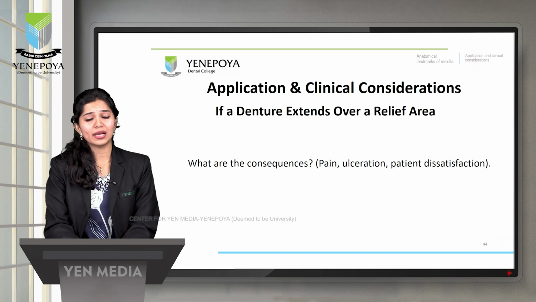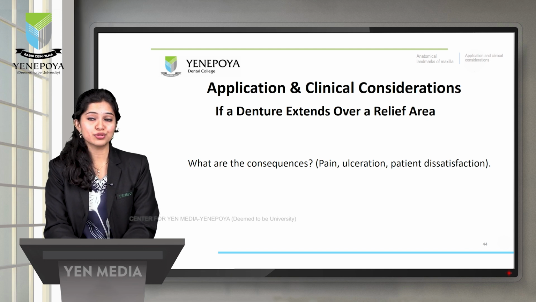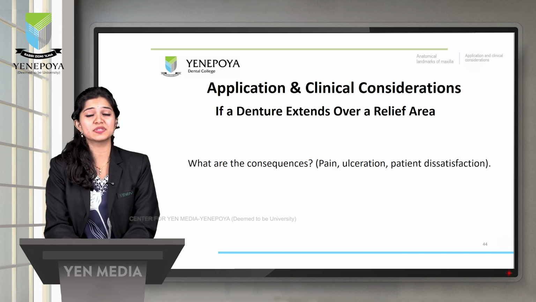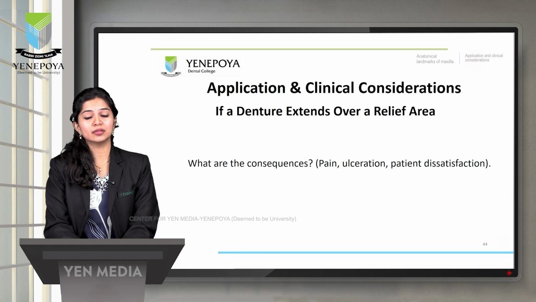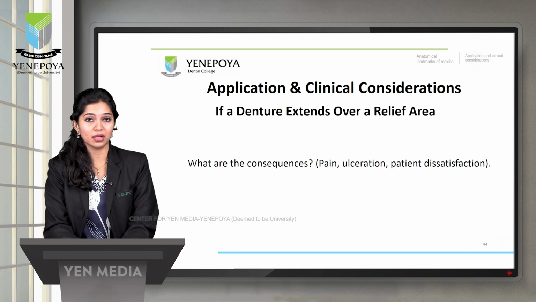Overall, I can say that they are very important for all of you students to know, because it helps in impression making, the type of spacer that you want to choose for an impression, the type of material you want to choose, or the impression technique you want to choose while making an impression.